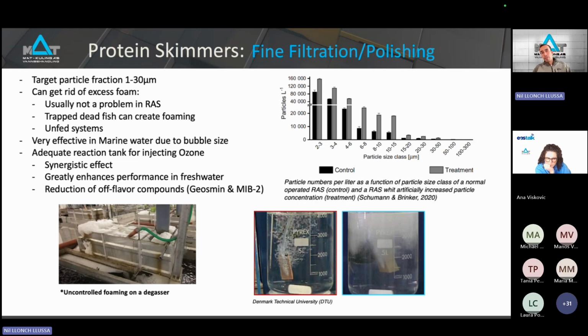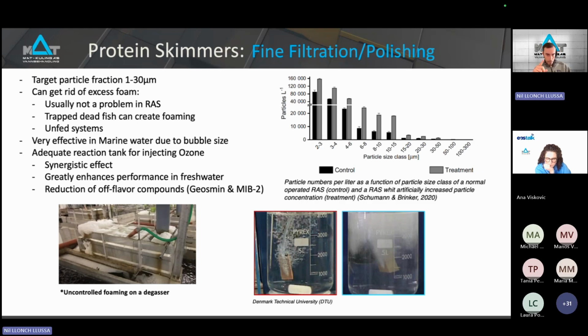However, if you have trapped dead fish in your system, it can leak additional protein content into your water, creating foam. Or also in unfed systems, such as purging systems, you can have foam creation.